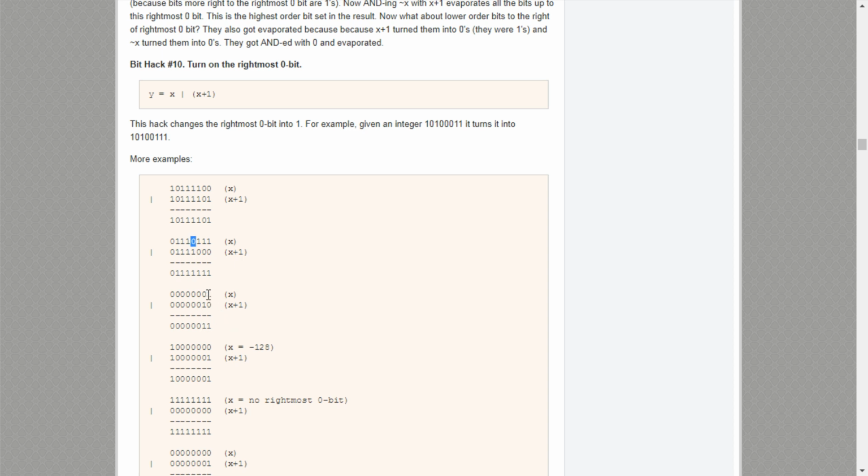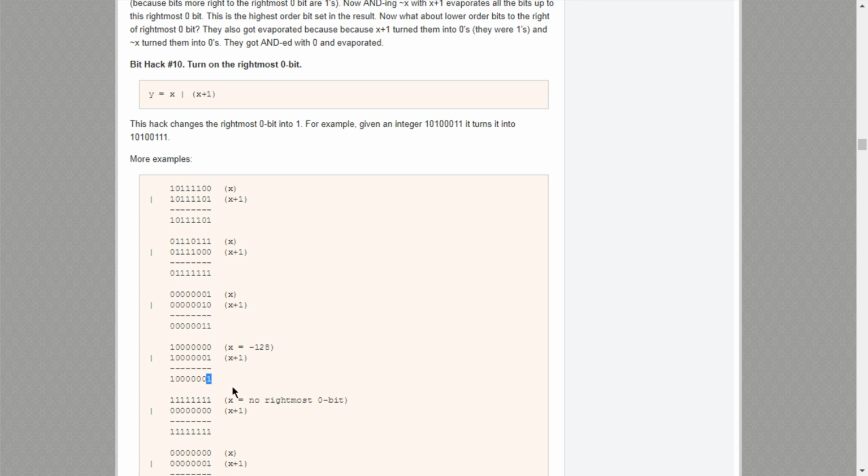Okay, so that's basically the idea behind this. In this case, we've got a 0 right over here. It happens to be technically not part of the number in the sense that it's a leading 0. But again, the same thing is going to work. We add 1 to it, we do the OR, now it gets filled in. Now we have a 1 there. In this case over here, it's all zeros. So this 0 is going to basically turn into a 1.